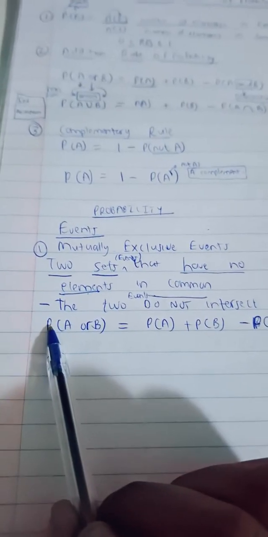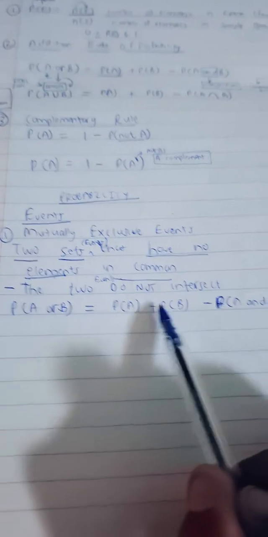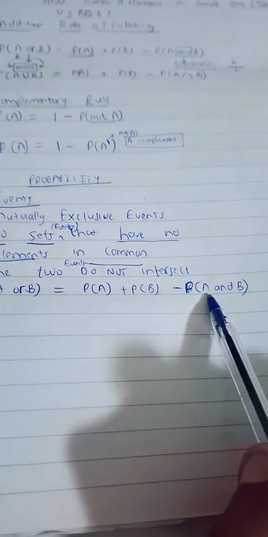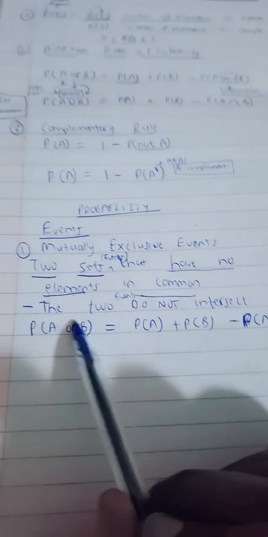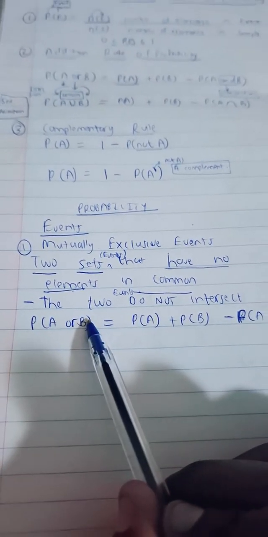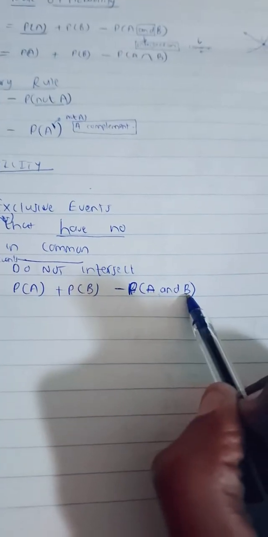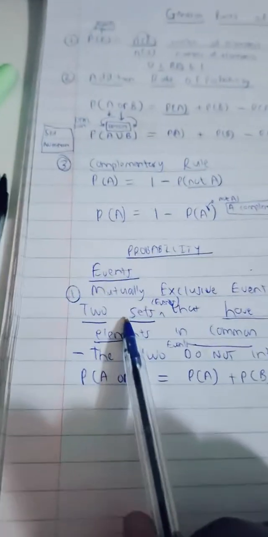The probability of A or B is equal to the probability of A plus the probability of B minus the probability of A and B. What is this? The union of A with B. What is this? The intersection of A and B. But what did we learn here?